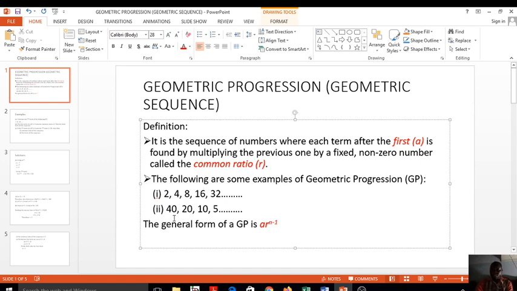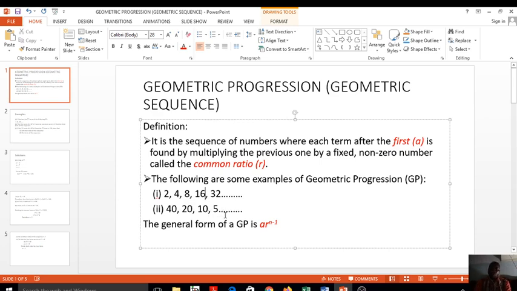In other words, we are multiplying 40 by a half to get 20, then a half multiplied by 20 gives 10, and a half multiplied by 10 gives 5. So we take 20 divided by 40 to get the common ratio, which is a half. 10 divided by 20 is still a half, and 5 divided by 10 is still a half.